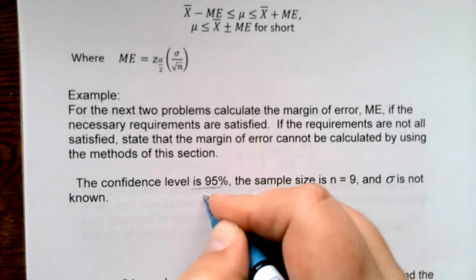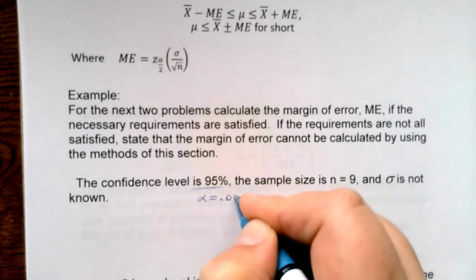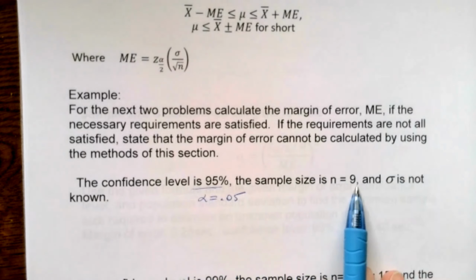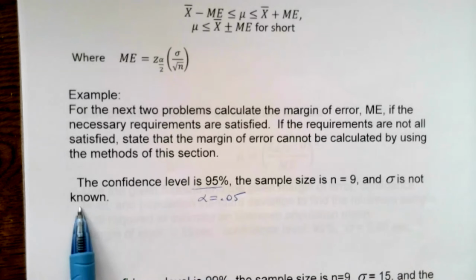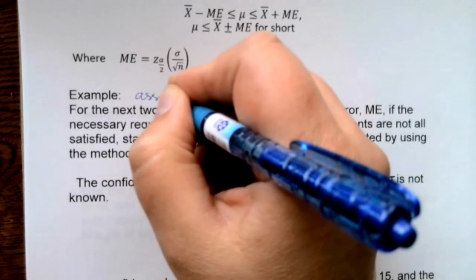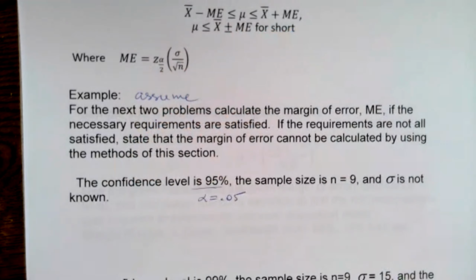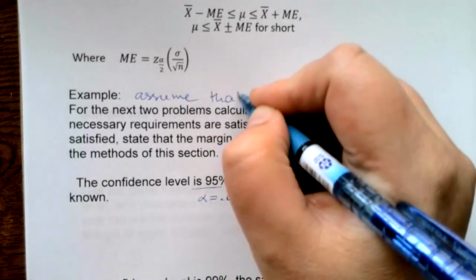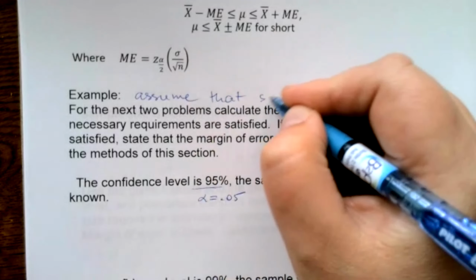So alpha is 0.05. The sample size is 9, and sigma is not known. It doesn't say it here, but we're going to assume that samples are simple random samples.